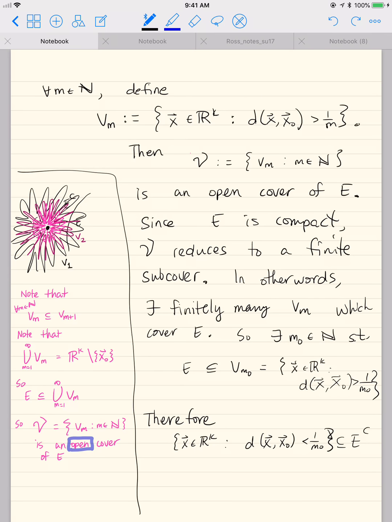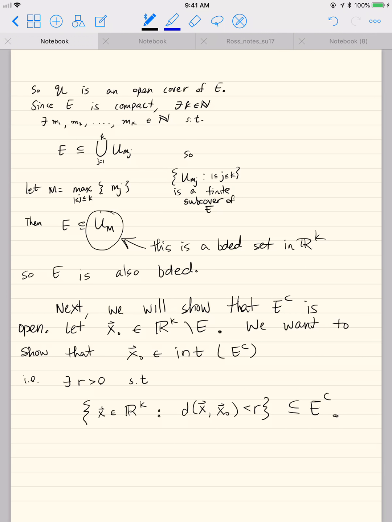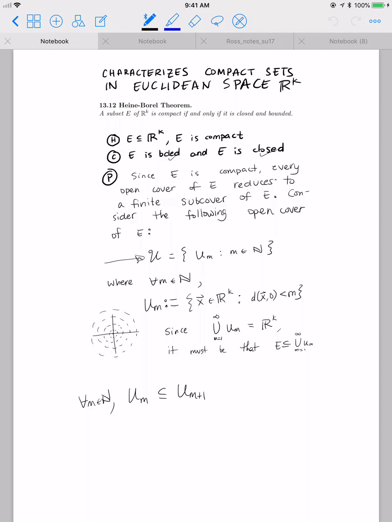But now use r equal to 1 over m naught. This is an r ball centered at x naught that is contained in E complement. So x naught belongs to the interior of E complement. So we've shown that if a set is compact, then it is closed and bounded in R^k.